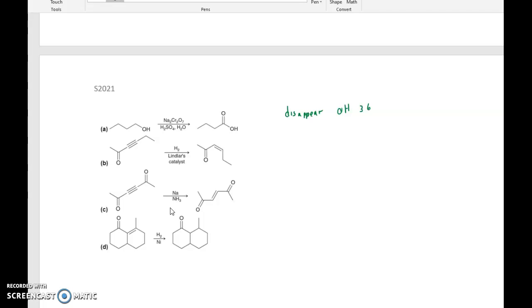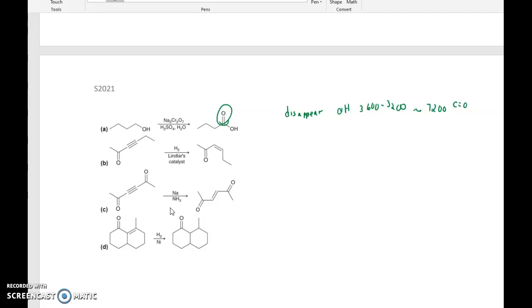A very wide peak will appear in its place. It'll widen, and we'll also see this ketone appear at about 1,720. We'll expect to see the carbon-carbon bond.